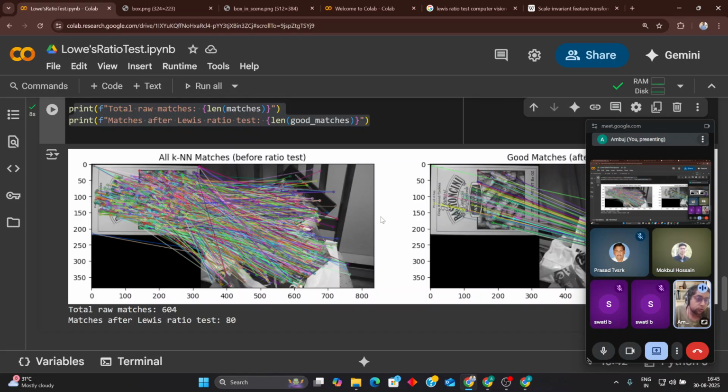So you need not worry about the error, but you should try to perform this exercise yourself. Try to change the threshold. I have set it to 0.75. Try to increase it in a stepwise manner and plot it yourself. Then you will see how many good matches you are getting. When you increase the threshold, the number of good matches would be reduced.